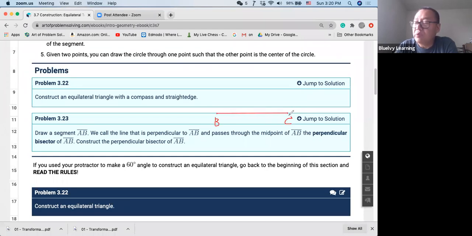Here you need to use BC if you try to build an equilateral triangle. You first use point B as a center and the length of BC as a radius, draw a circle. Then you use C as a center, also use BC as a radius, draw another circle. It's like this.